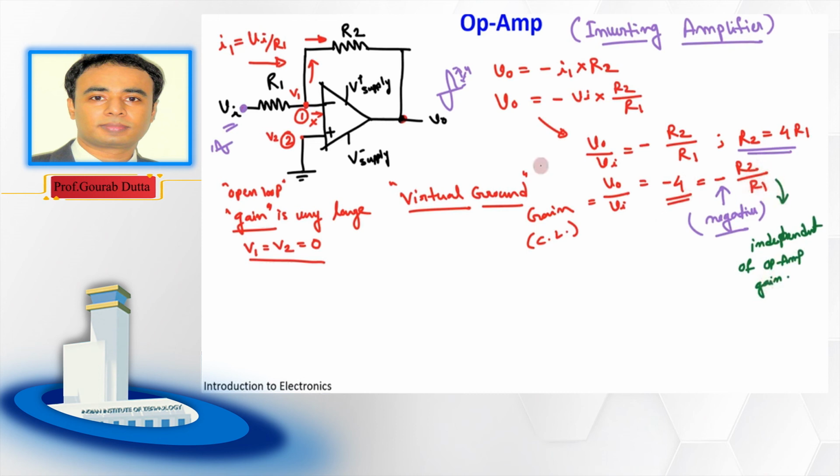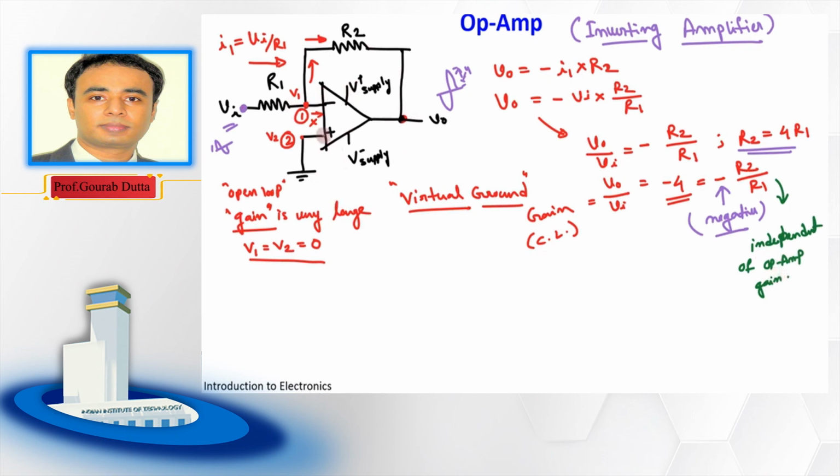It is completely dependent on the components connected with the op amp. So if an op amp is used in a closed loop condition, we can control the overall closed loop gain of the circuit quite precisely.